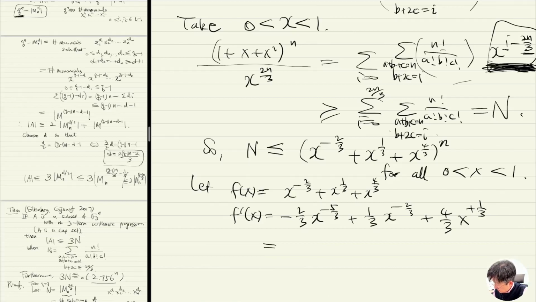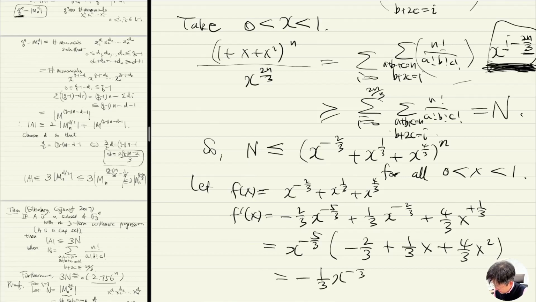And now if I arrange terms again, then what I get is x to the minus 5/3 times minus 2/3 plus 1/3 x plus 4/3 x squared. Okay, that's a lot better. So minus 2 plus x plus 4x squared.